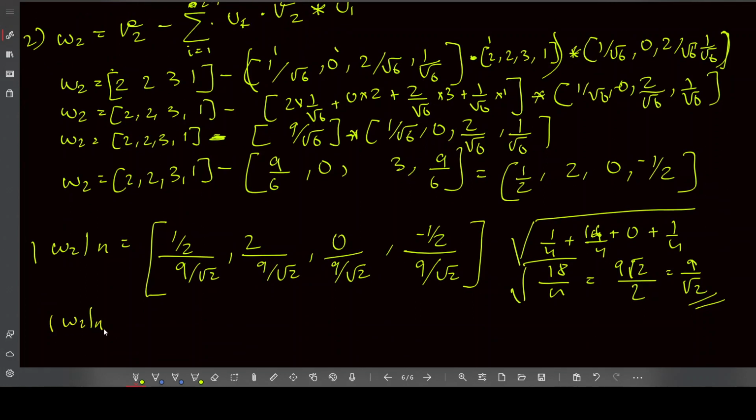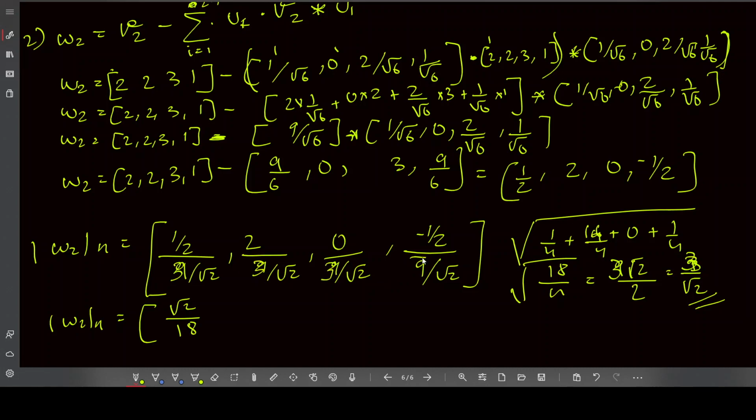Okay, so this basically gives me W2 n as, oh wait, I just realized my mistake. This will be 3, not 9, because it's 9 into 2 by 4, right? So that's 3 by under root 2. This is 3, so I have to divide it by 3 everywhere.